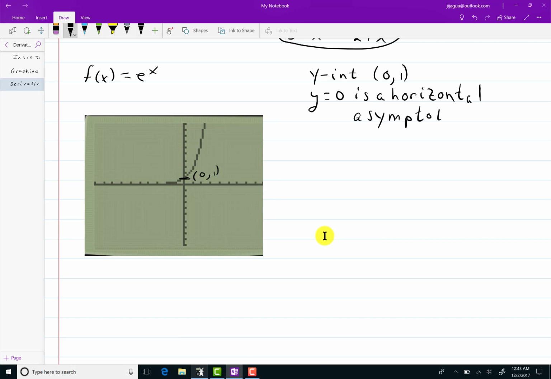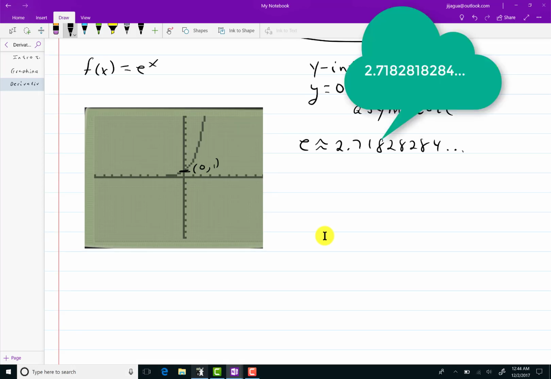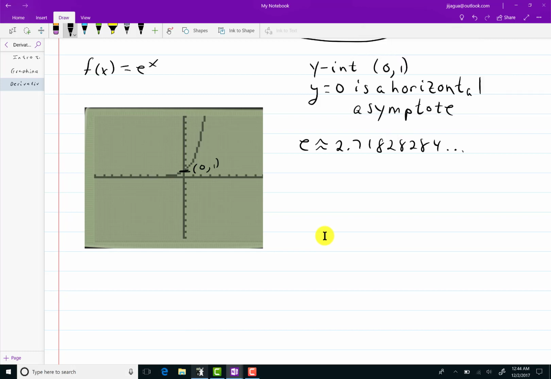I don't think I've talked about this function before, but in fact the number e is kind of like pi, very similar in nature. Not only is it an irrational number, it is a transcendental number.